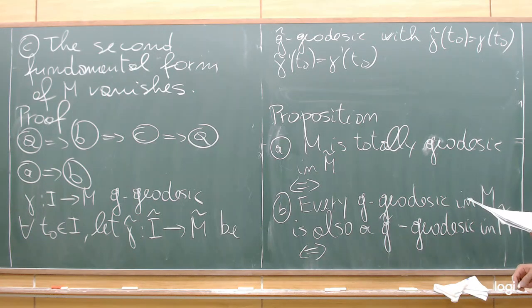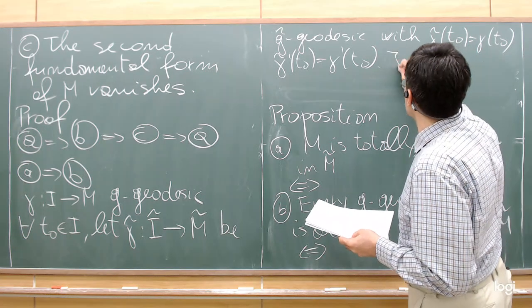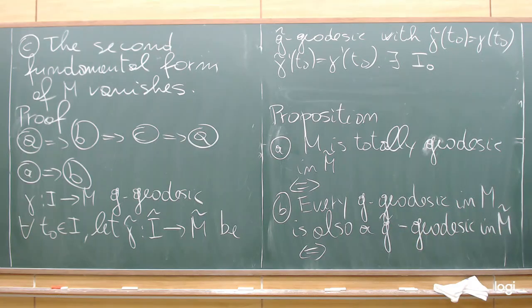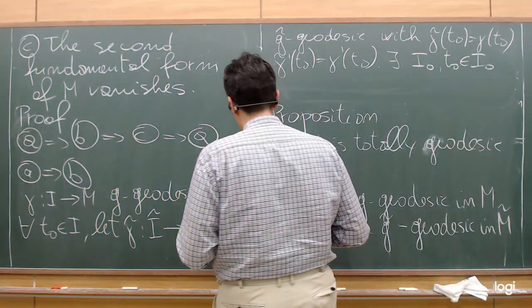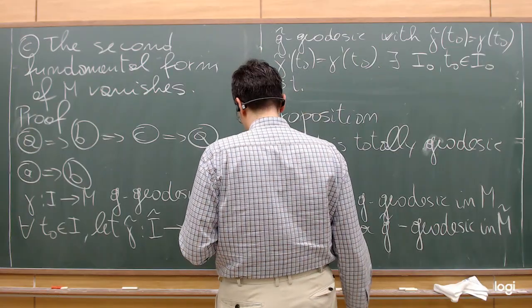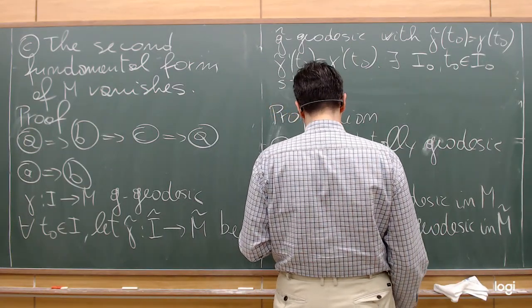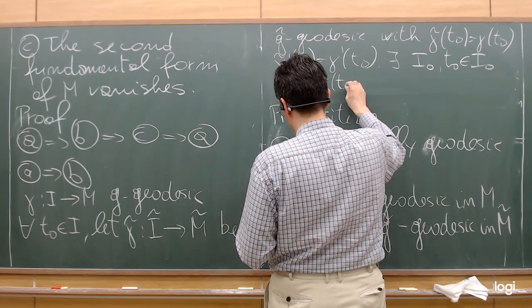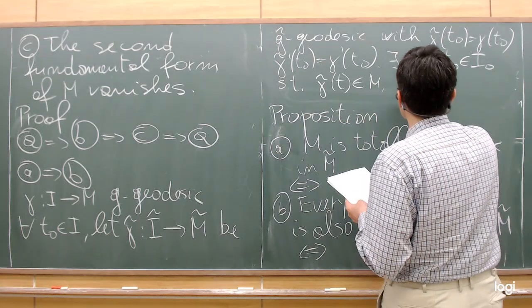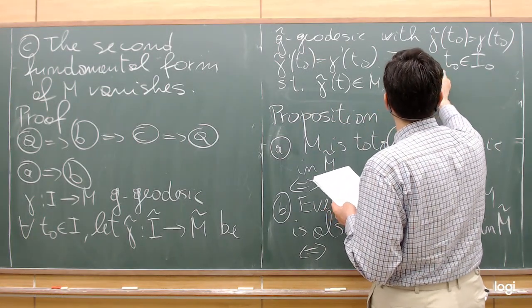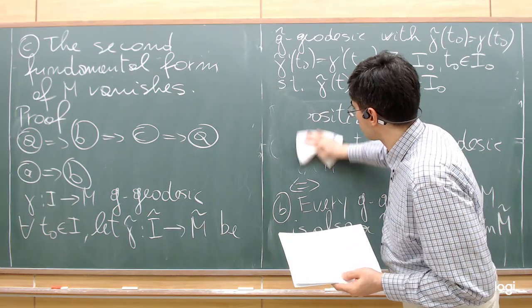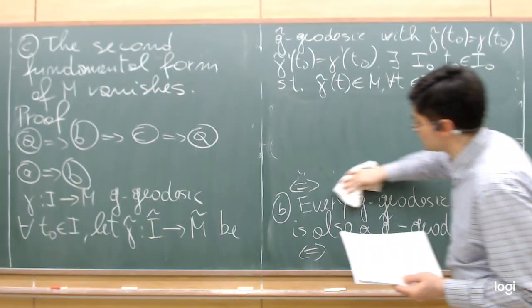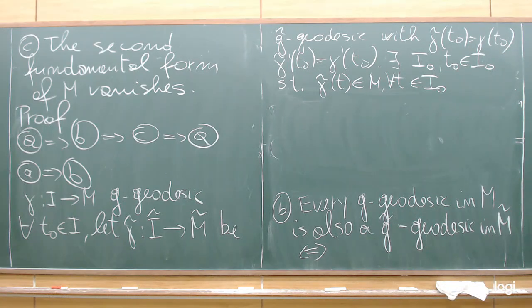So by hypothesis, there exists a subinterval I0 containing t0 such that gamma tilde t belongs to M for any t in I0. So this is true because M is totally geodesic.